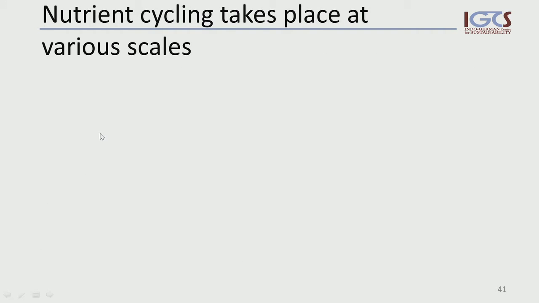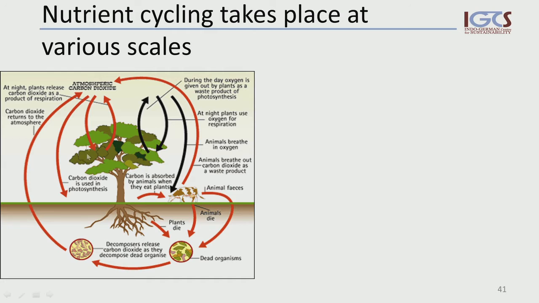Now, important again, nutrient cycling takes place at various scales. As an example here, the case of a plant and the processes that take place around a plant: first of all between the atmosphere, the plant and the root part, the soil, and the above surface part of the plant and the atmosphere again.